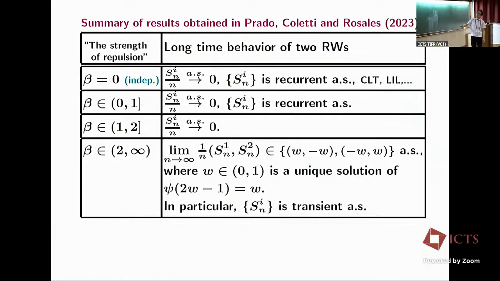In this case, the strong law takes a different form. The limit is W or minus W, and this W is given as the unique solution of this equation. And anyway, W is strictly between 0 and 1. So in this case, the walker is transient with non-random positive speed. One goes to plus infinity, and the other goes to minus infinity.